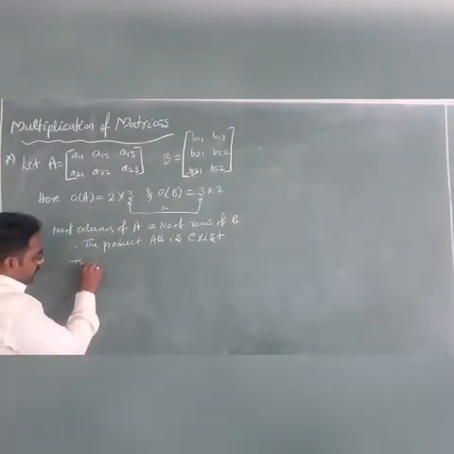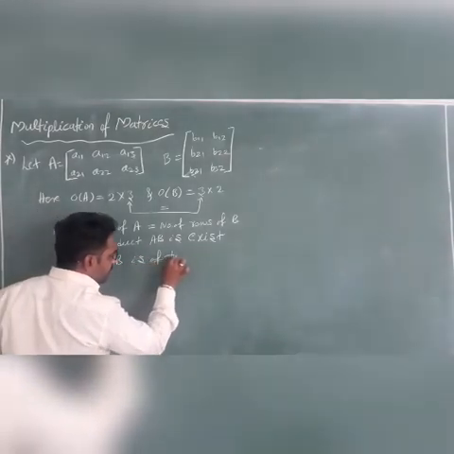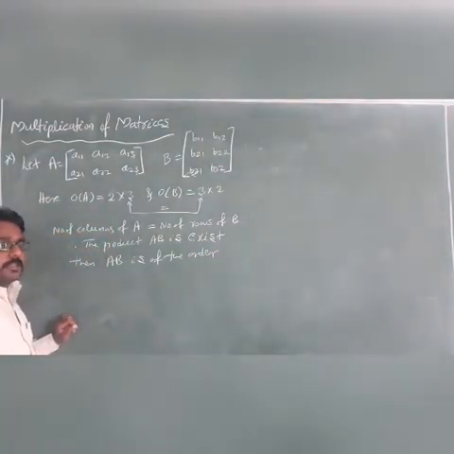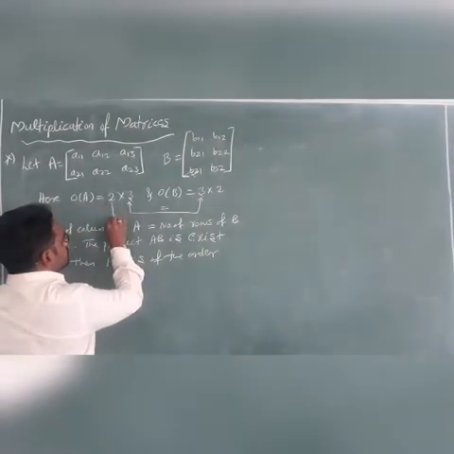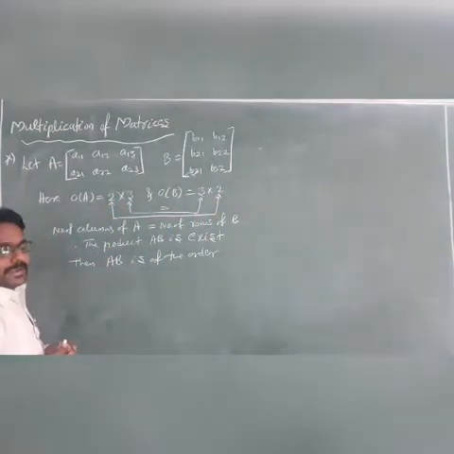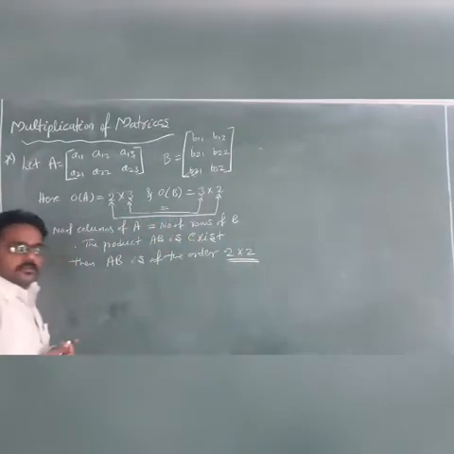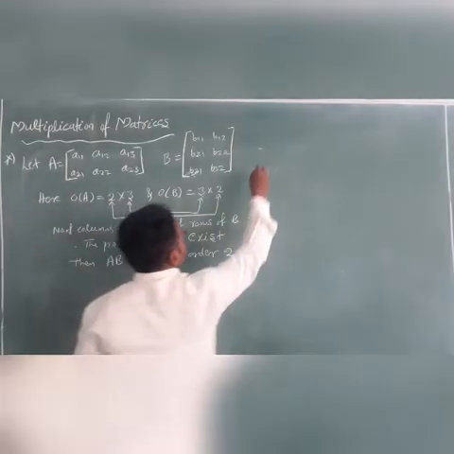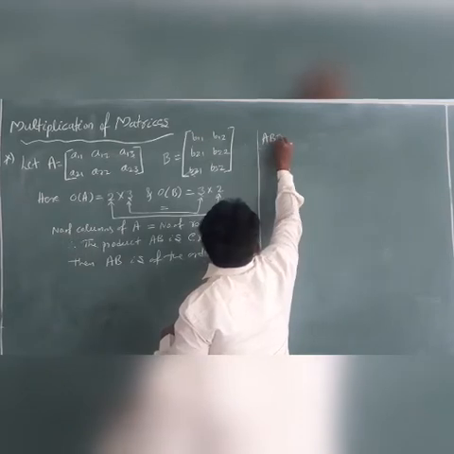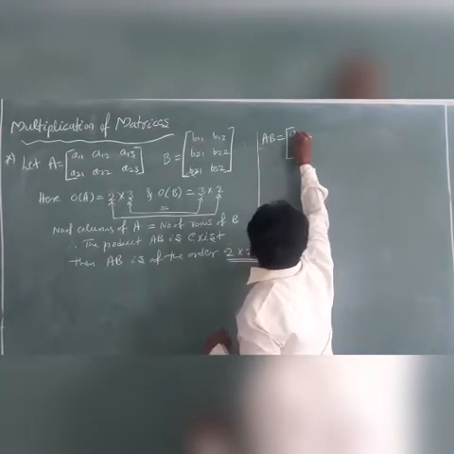Then AB is of the order, what is the order of the product AB? That is 2 by 2 matrix. Okay? See here, students. Product AB. What are the elements?